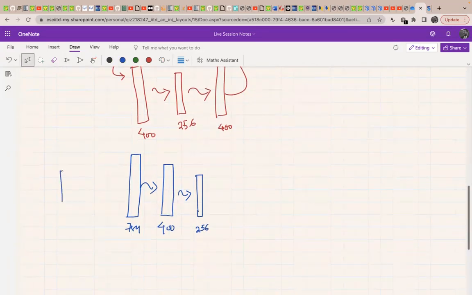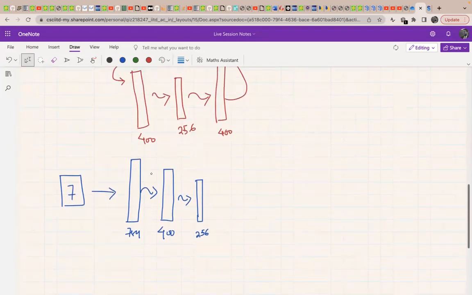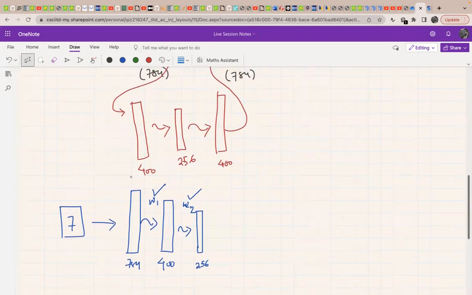All these weights W1, W2 are now completely trained, so you don't need to train these. These are the weights and parameters such that if you pass the input 7 through this, you'll get an output here such that it can be used to reconstruct the same 7.